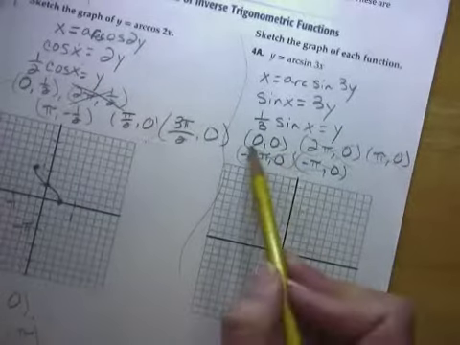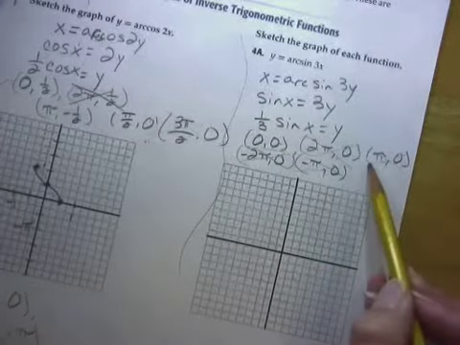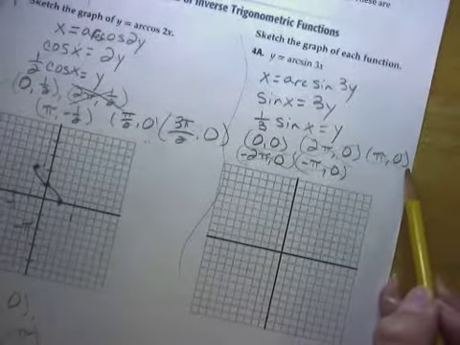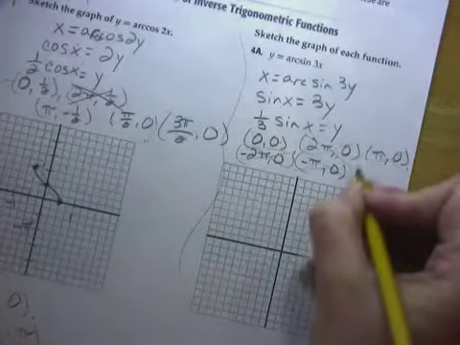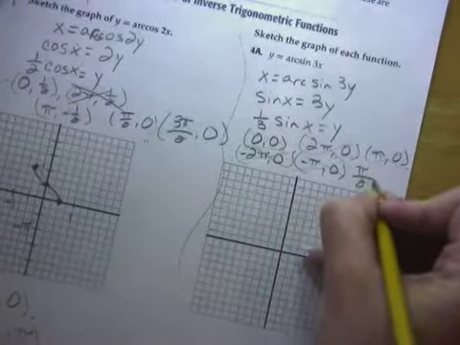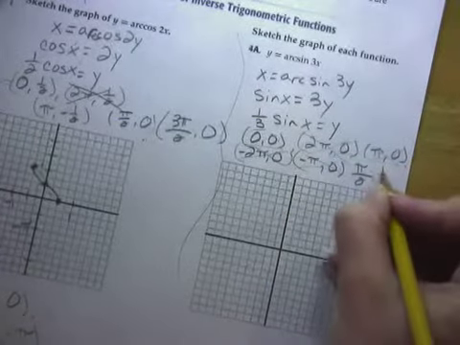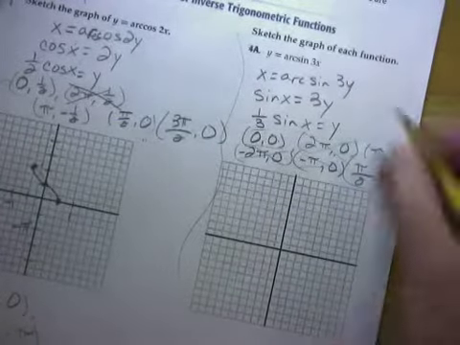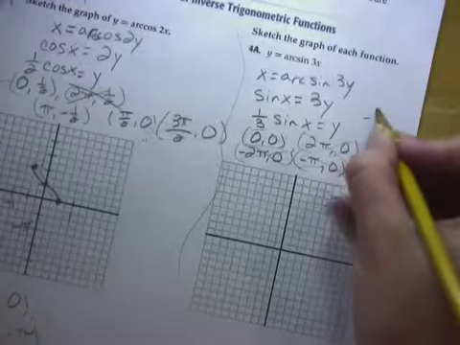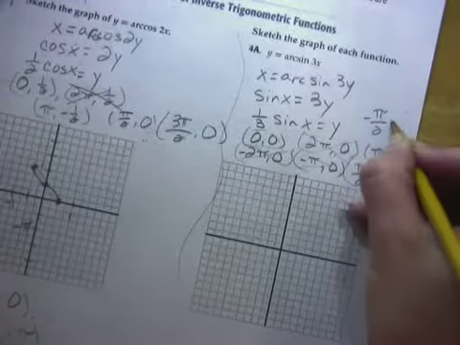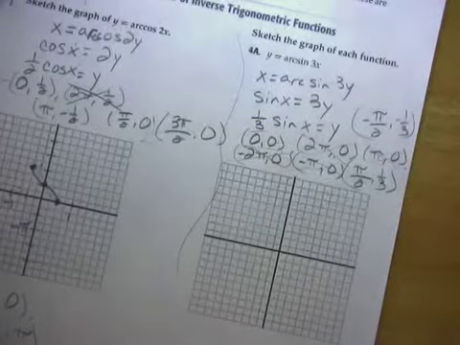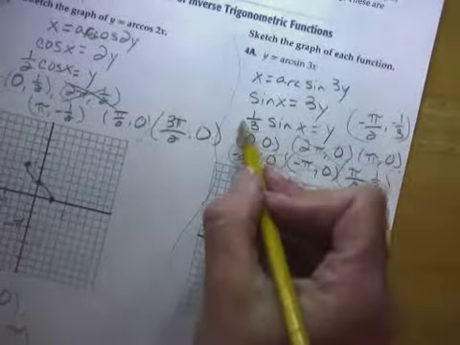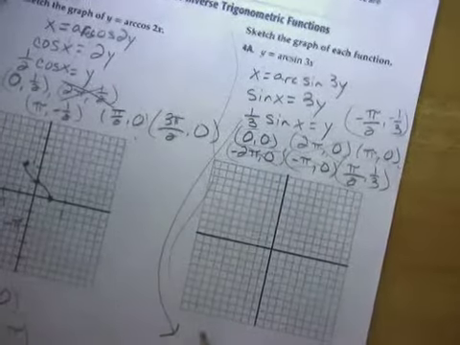But we use them because we remember that halfway between this intercept and the positive one is our maximum, which is going to be at pi over 2 comma 1/3. And our minimum will be at negative pi over 2 comma negative 1/3. And these are values that we can use when we take the inverse.